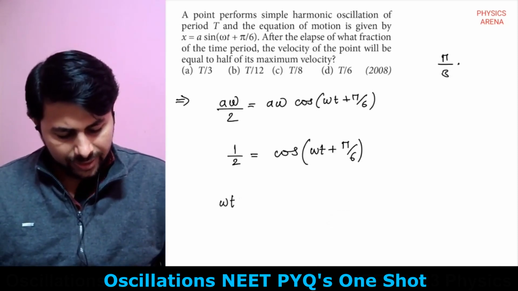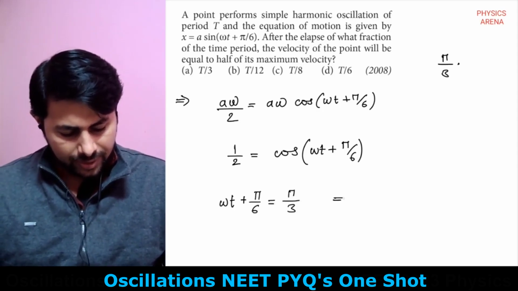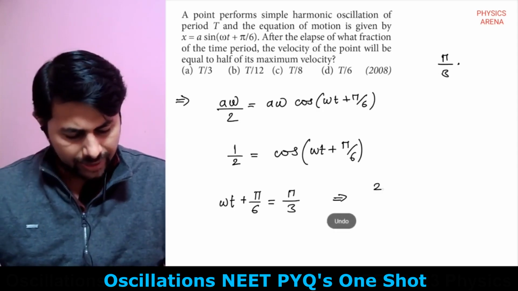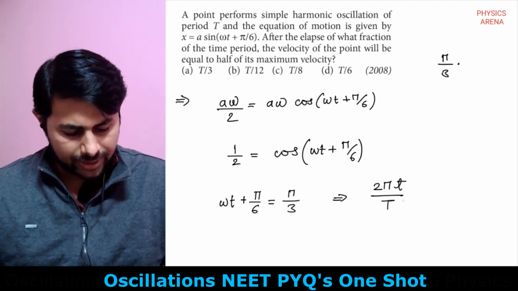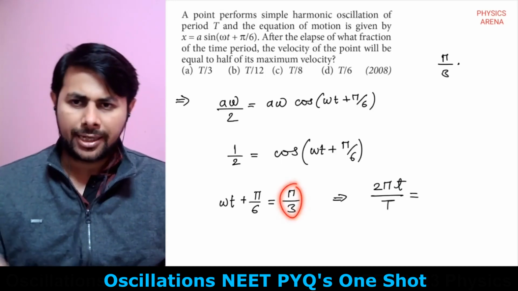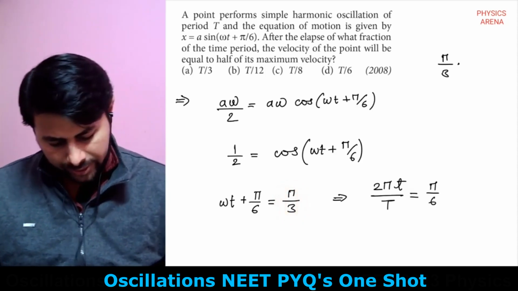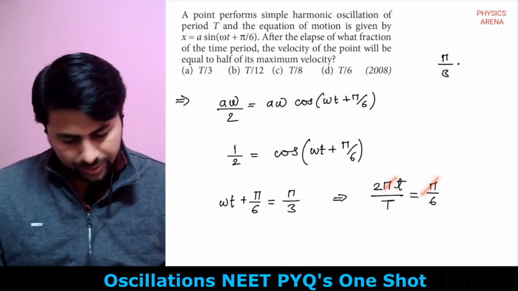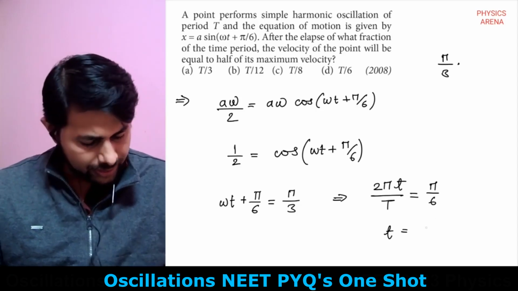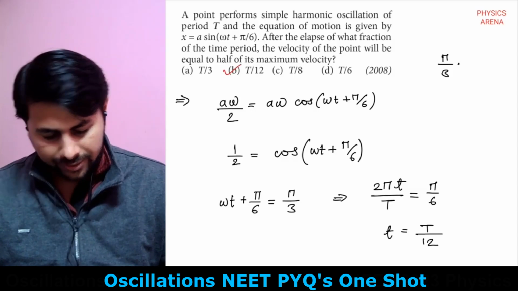So omega t plus pi by 6 is equal to pi by 3. That means omega t, which is 2 pi t upon capital T, is equal to pi by 3 minus pi by 6, which is pi by 6. Pi and pi get cancelled out. So what do we get? t equals capital T divided by 12. Option B is the answer.